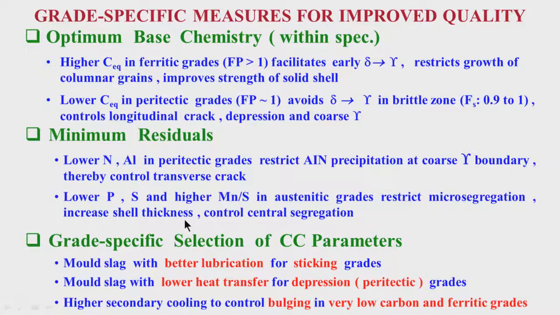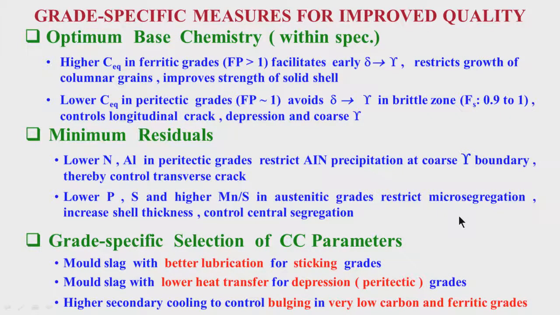If the shell thickness is less because of high microsegregation, it cannot withstand the ferrostatic pressure, so there will be crack formation. The central segregation is also a problem. The central segregation is a problem in general for all grades, but the extent of the problem is quite high for austenitic solidification grades.